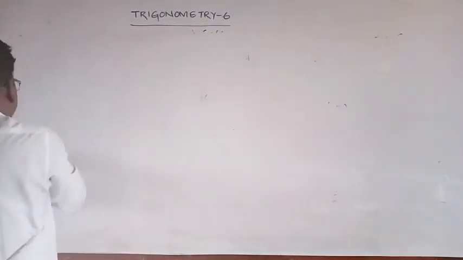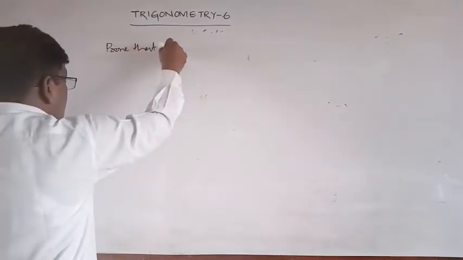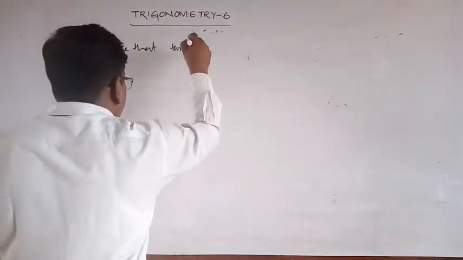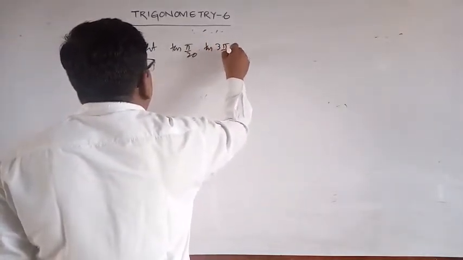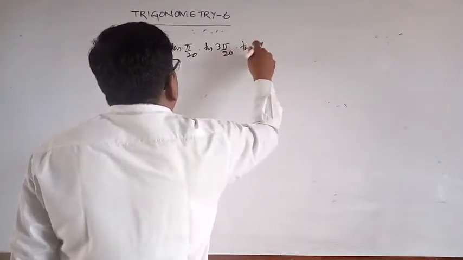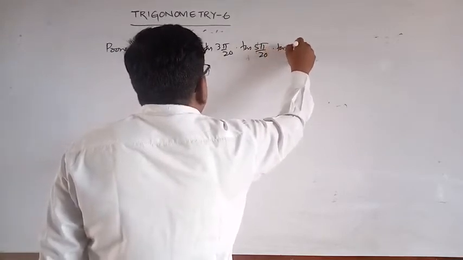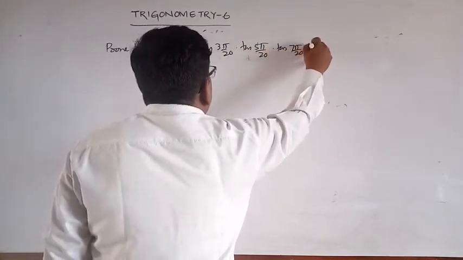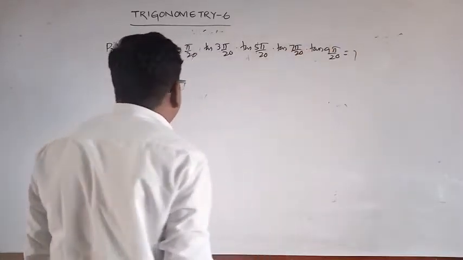Prove that tan(π/20) tan(3π/20) tan(5π/20) tan(7π/20) tan(9π/20) is equal to 1.